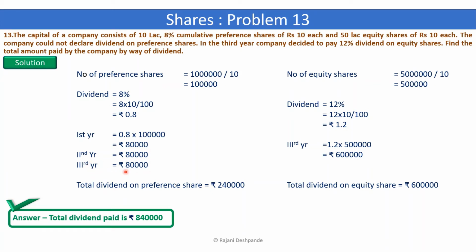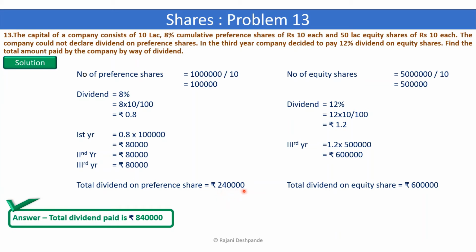For the third year also it is 80,000. So when the company pays in the third year, for the cumulative preference shareholders it has to pay the dividend of all the 3 years, that is 80,000, 80,000 and 80,000.